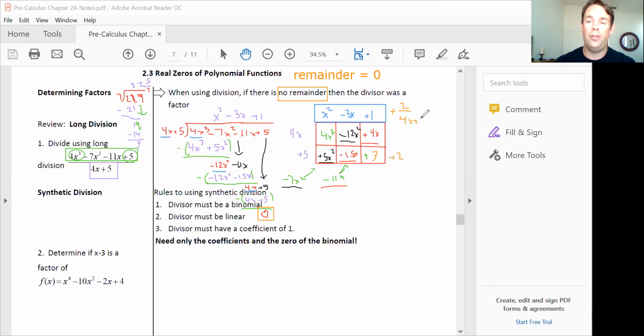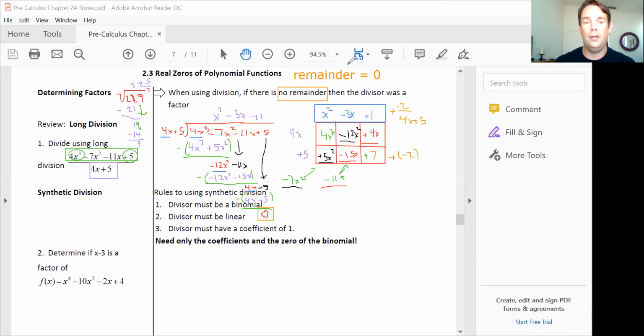Or another way to think of it, say it's not, but think if this number was a positive 7. Well, 5 times 1 is 5. I would have had to take away 2. Therefore, my remainder would have been a negative 2.